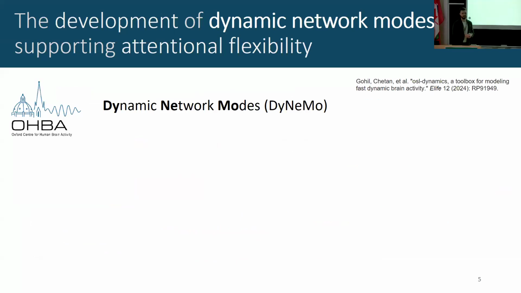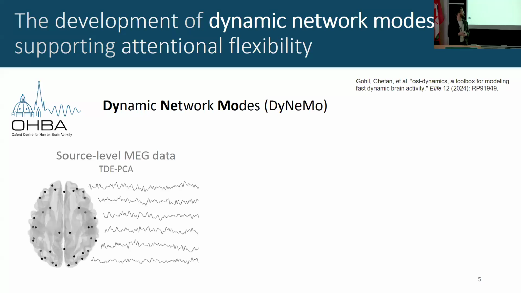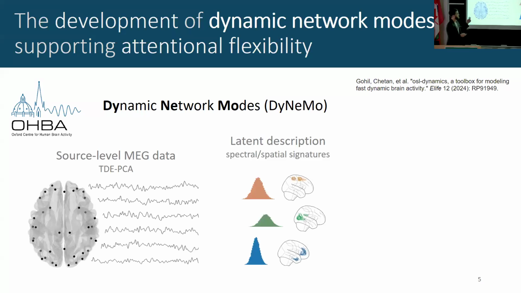Luckily, the guys at Oxford University, who I've collaborated with before, created many methods, but one is called dynamic network modes, or DyNeMo. This is a machine learning, data-driven approach where we take the source level MEG data and find a latent description of it, which we call latent modes. That is my personal definition of modes.